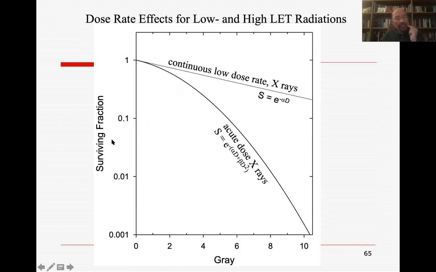So generally speaking, that's how it should look. If you have acute dose X-rays, you should have a perfect linear quadratic, and when you go to the maximum sparing effect, this should become linear. So this is what should happen.